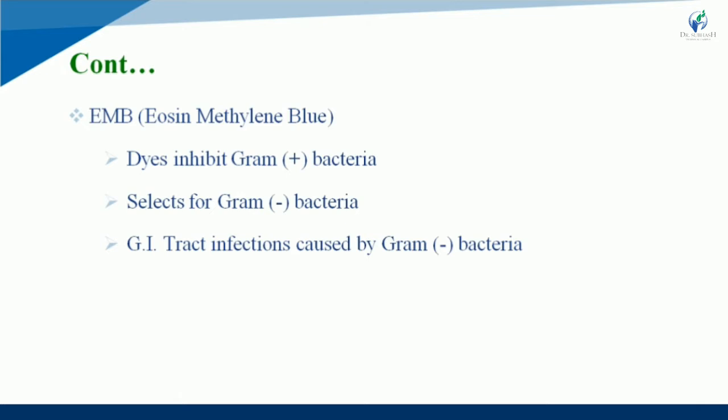EMB, eosine methylene blue dye, inhibits gram-positive bacteria and selects for gram-negative bacteria. GI tract infections are caused by gram-negative bacteria.